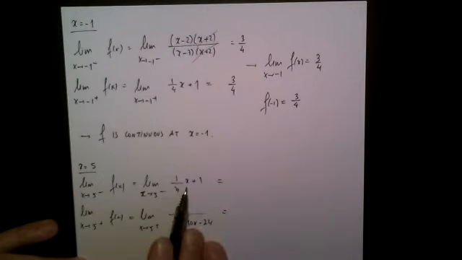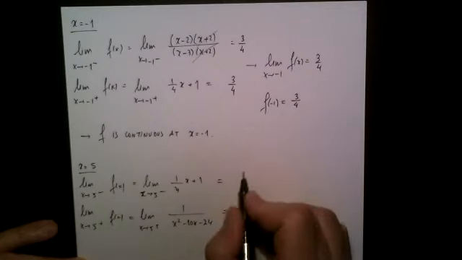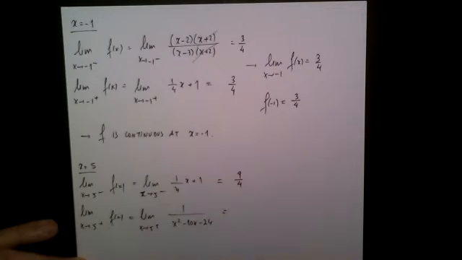So what do I get? If I plug in 5 here, I get 5 over 4 plus 1, which is 9 over 4. And if you plug in 5 here, you get 25 minus 24 is 1, minus 50 is minus 49. So definitely not the same.